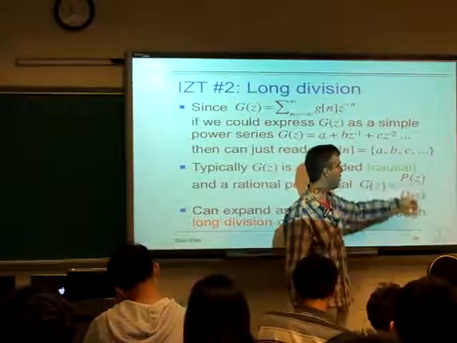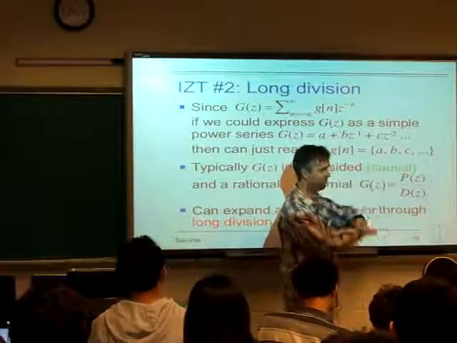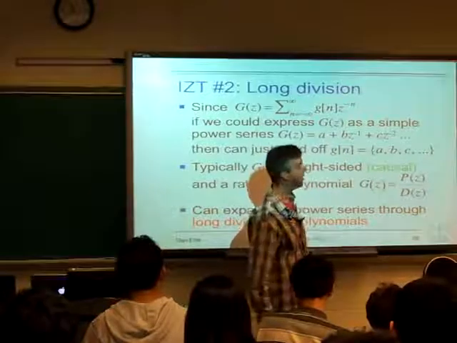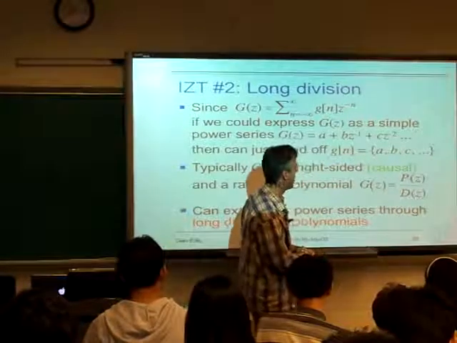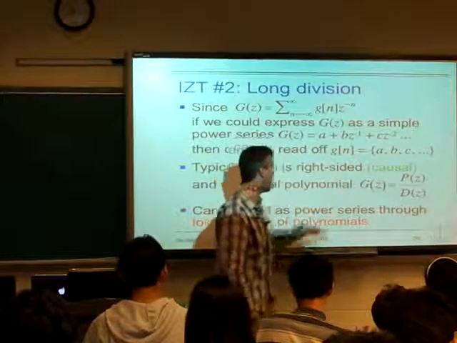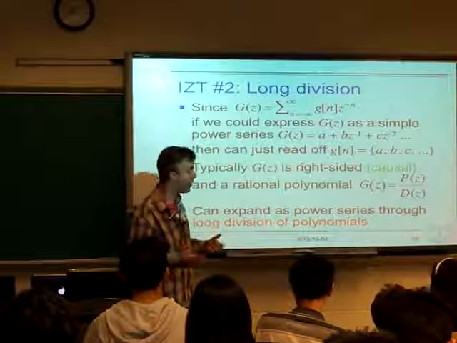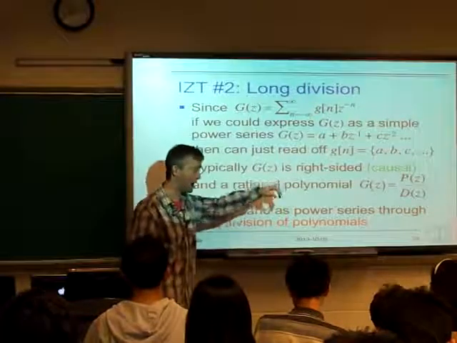These things will be polynomials in z. They'll have coefficients, but they're not in this form. They're not just simply a full power series expression.